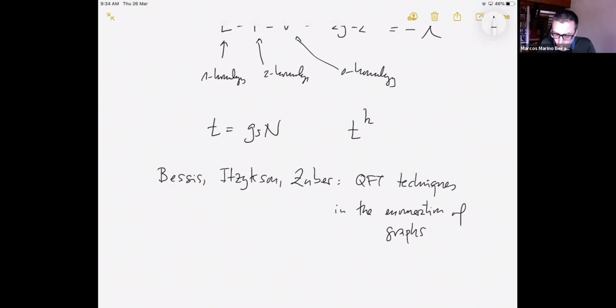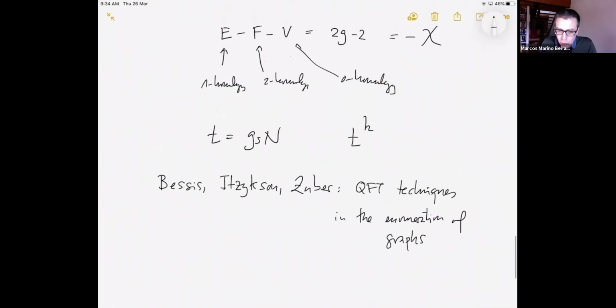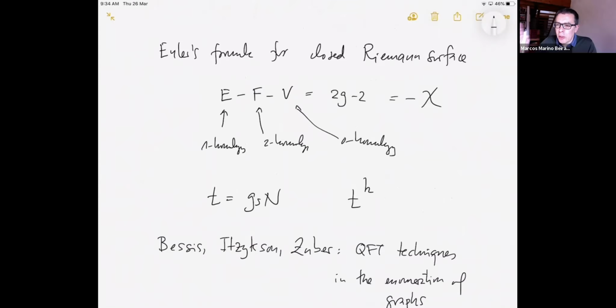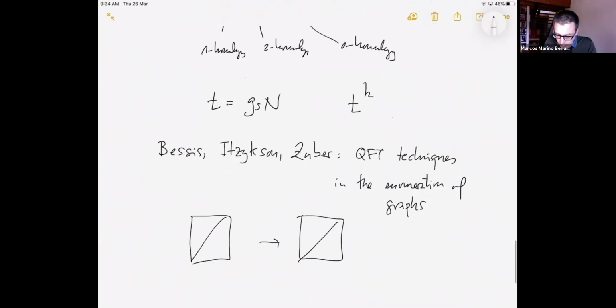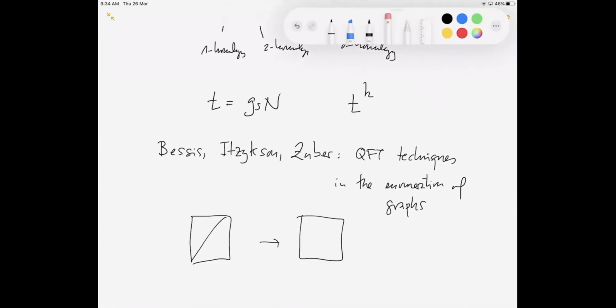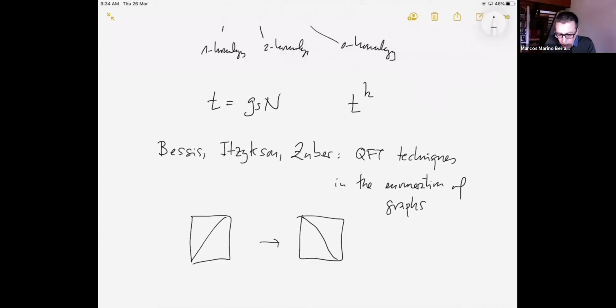So what is this move in which you flip the orientation of the triangle? No, if you have a square and you have one of the diagonals, you change it to the other diagonal. Yeah, this one, right? I know what you mean. I think these two are counted just once by this procedure because they correspond both to this.